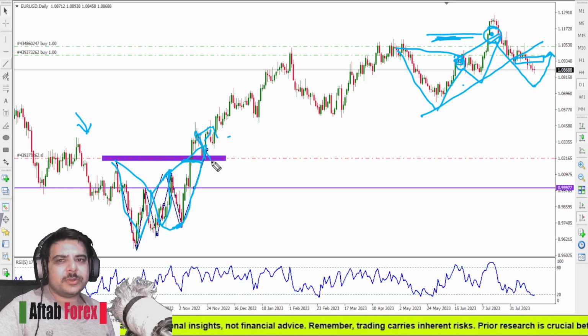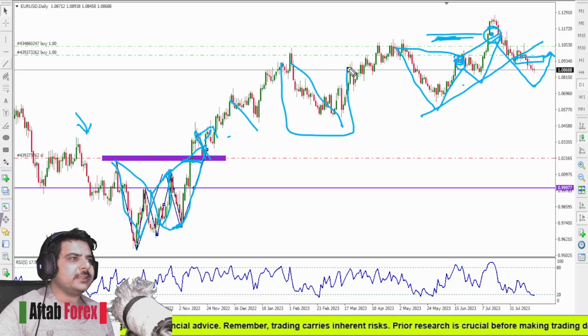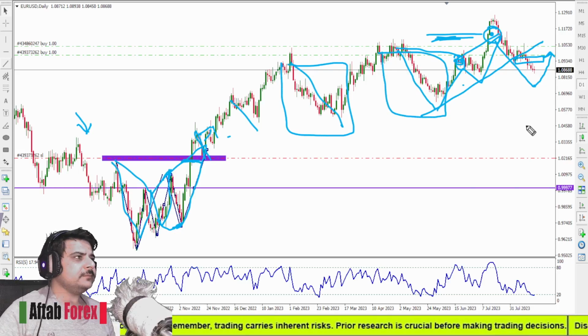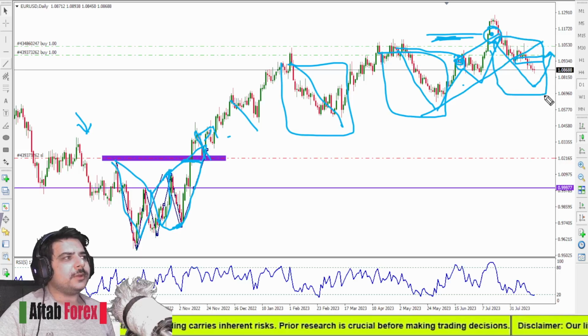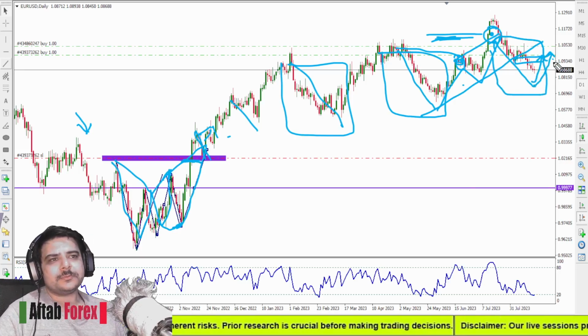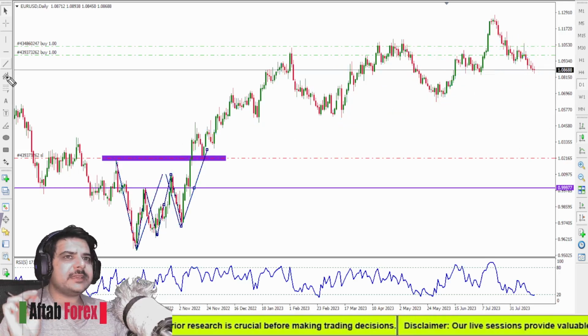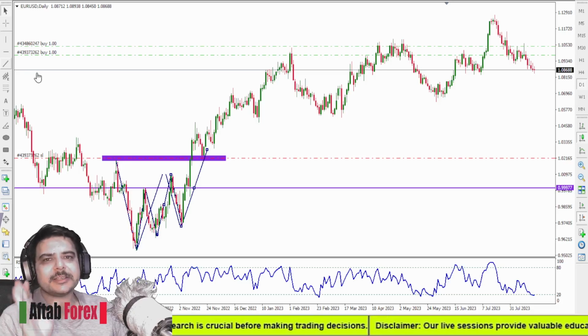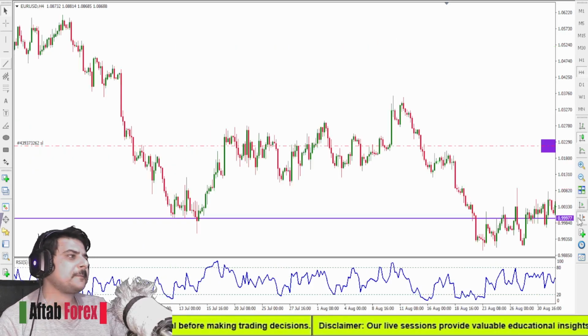Here we get a big pullback, because on the daily this is not an ordinary pullback. This itself is a pullback, and we are going to the H4. Now let me switch to the H4, and that will make the image further clear for us. How? Let me show you that.